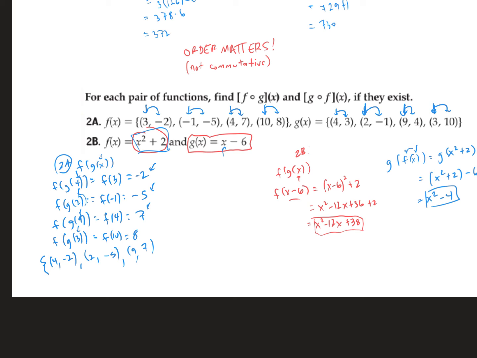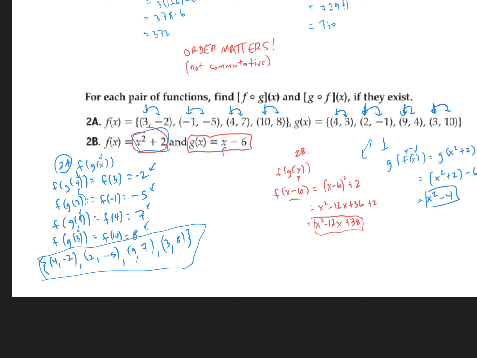And started with 3 and ended up with 8. Now I'll tell you, this is not something that gets used much in the real world, this kind of thing where you're doing it with the points, but the composition with functions does all the time. But we'll talk more about that later.